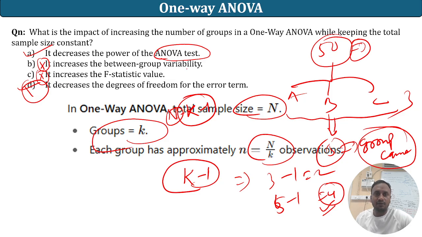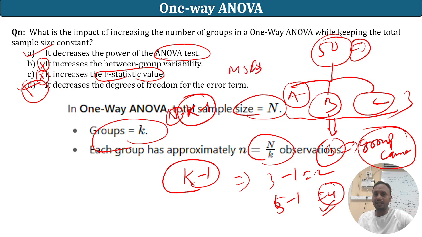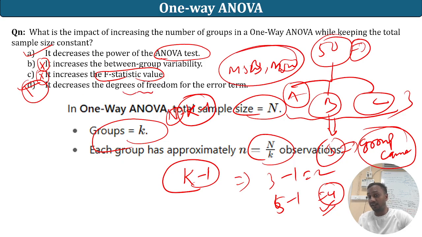It increases between-group variability? With A, B, C, the variability was there, but when the number of groups goes up, the variability decreases. The F statistic is nothing related to the sample size; it depends on MSB and MSW. So this will be the option. Shall I go ahead? I think two more questions are there, then we'll wind up.